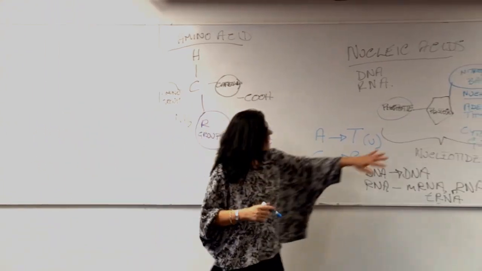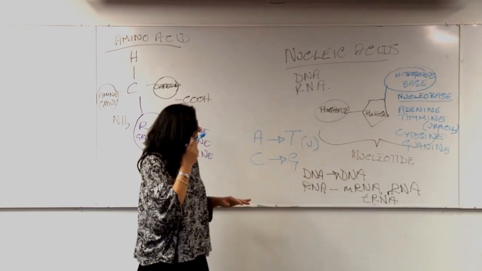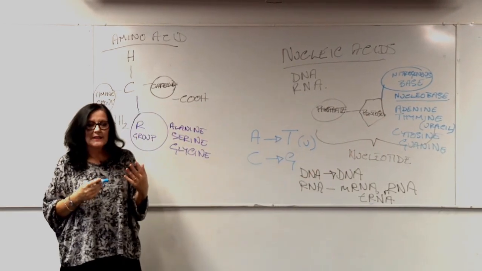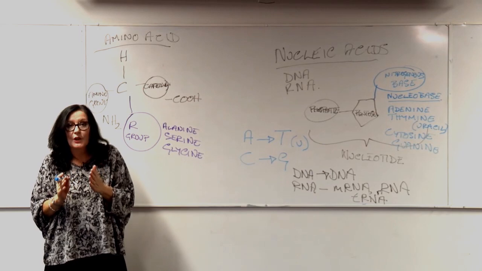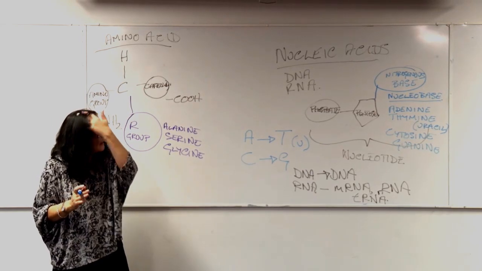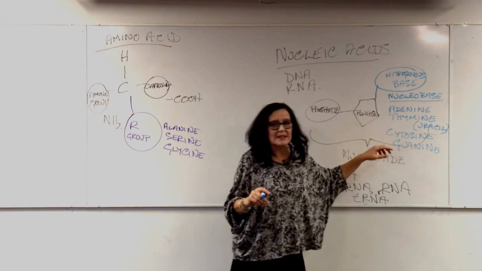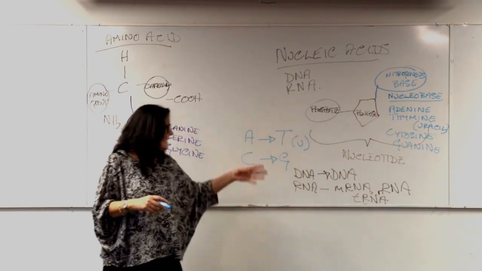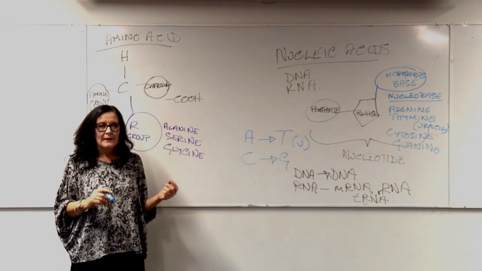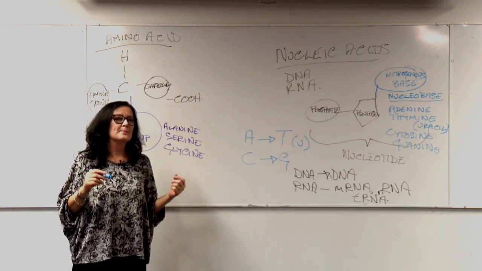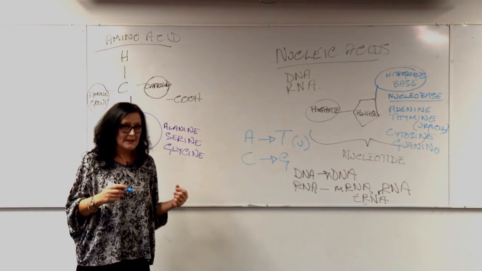So say we've got a sequence of 3. A sequence of 3 is always called a codon. That 3 might be, I don't know, adenine, cytosine, and guanine. ACG. That will code for a specific amino acid.